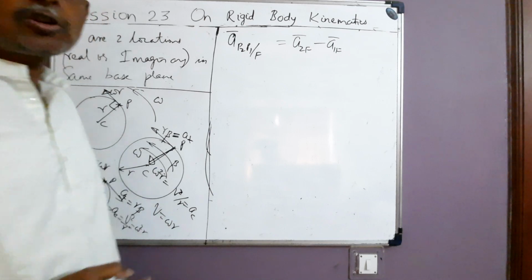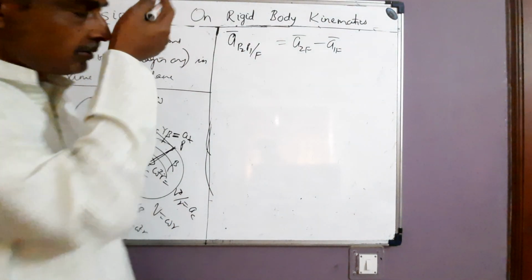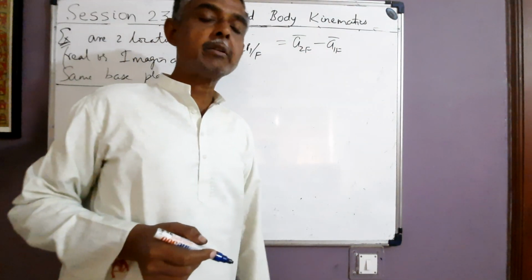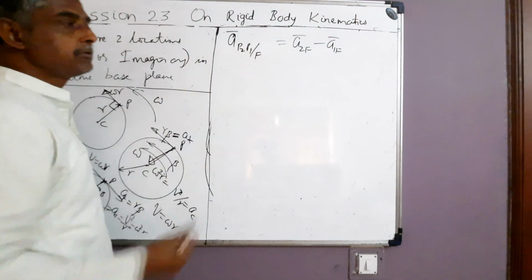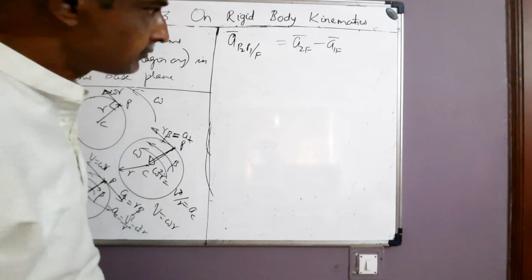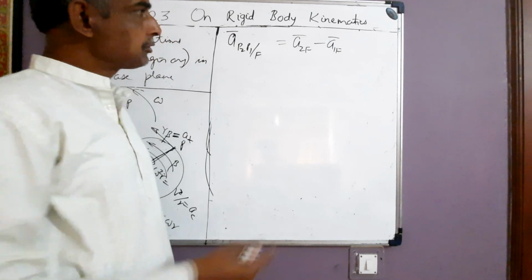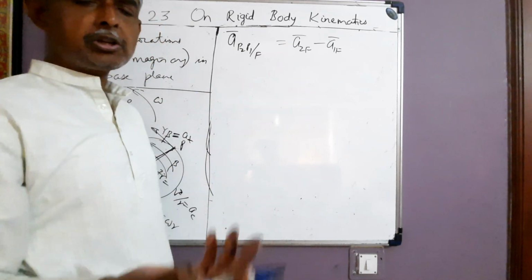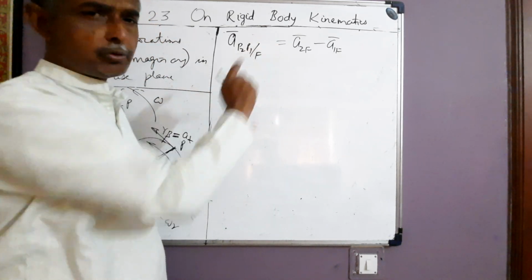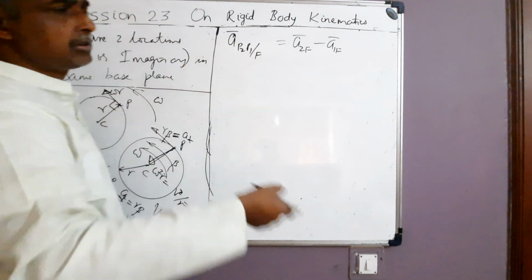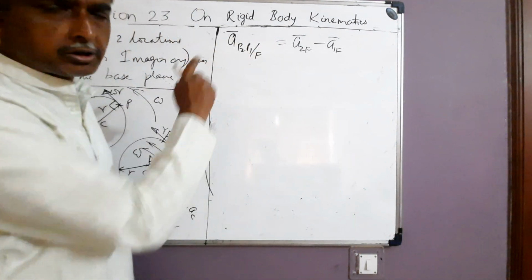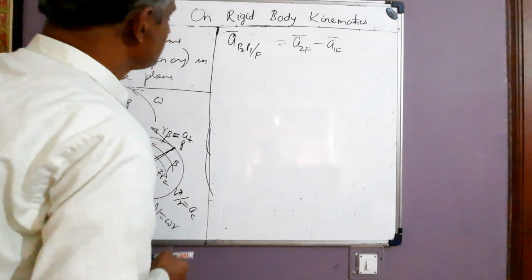A2F denotes the acceleration of P2 with respect to frame F, and A1F denotes the acceleration of P1 with respect to frame F. And this is the relative acceleration of P2 with respect to P1 in frame F. Alright, this is a general formula. It has nothing to do with a rigid body, it is always valid for any two points. This also has been discussed in great detail in the videos on relative velocity. If you go there, you will get all those things.